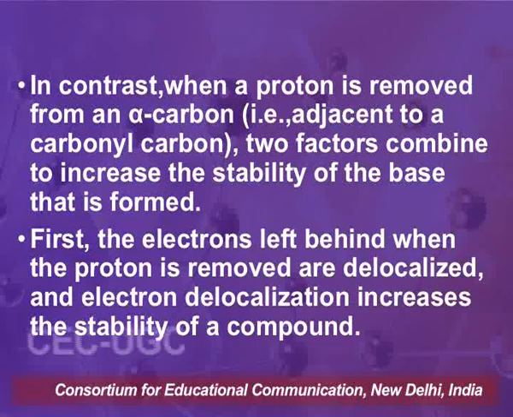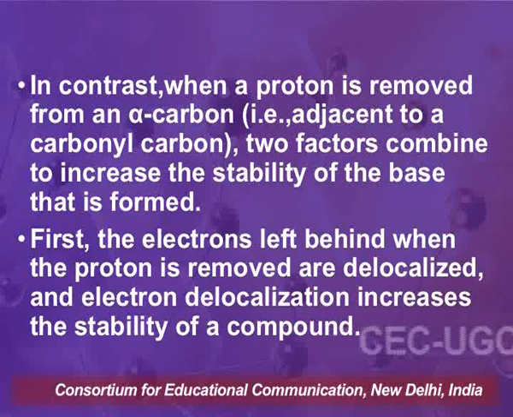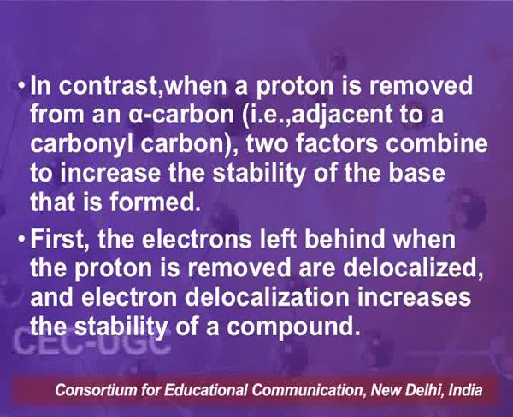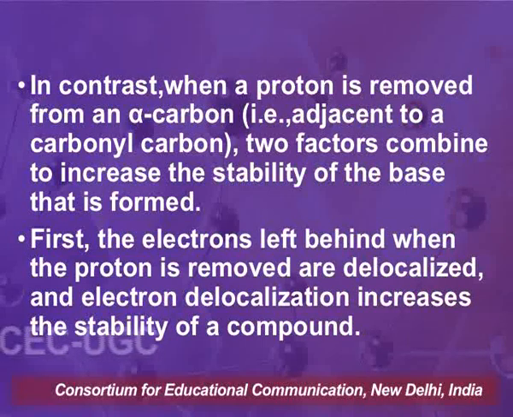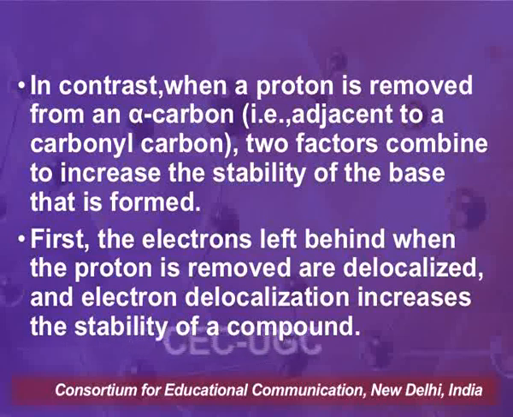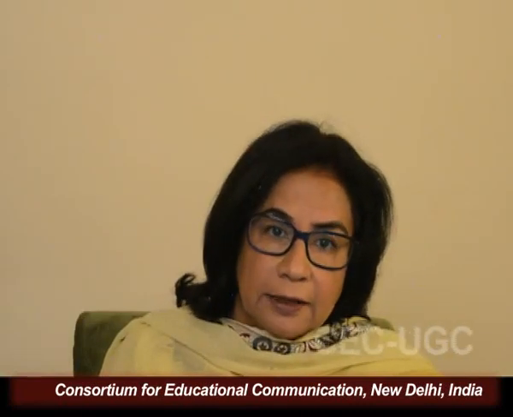In contrast, when a proton is removed from an alpha carbon, which is adjacent to a carbonyl carbon, two factors combine to increase the stability of the base that is formed. First, the electrons left behind when the proton is removed from an alpha carbon are delocalized, and the delocalization of electrons increases the stability of the anion.